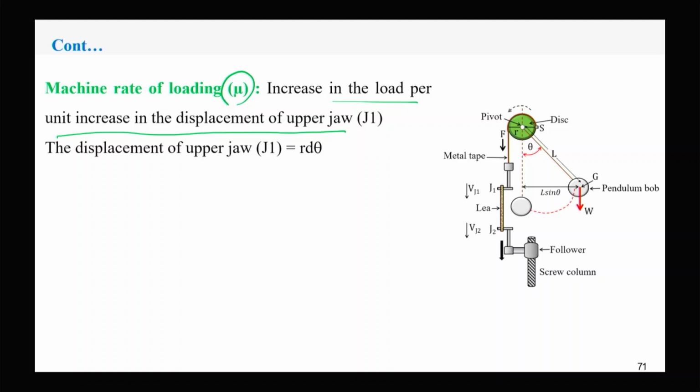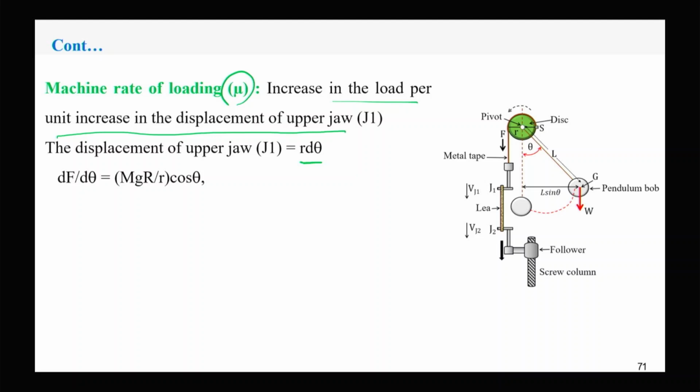The displacement of the aperture is r d theta, where r is the radius of the disc and theta is the angle of deflection.